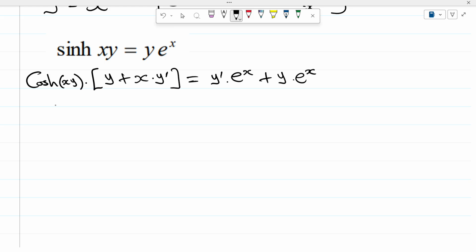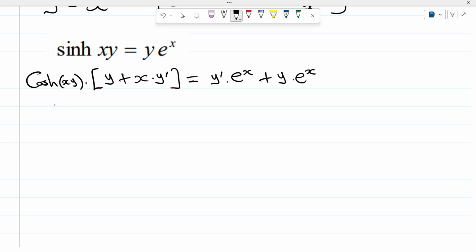And then from here we can just multiply throughout to eliminate this bracket. So this factor of hyperbolic cos of xy will multiply y plus xy prime there.